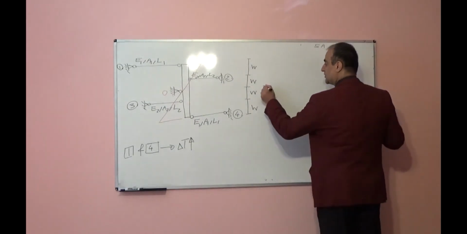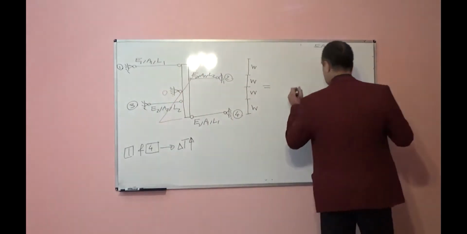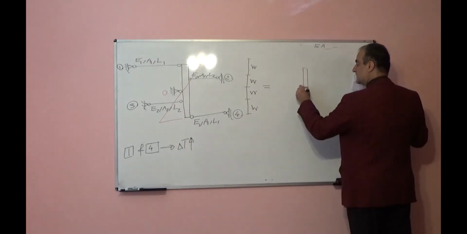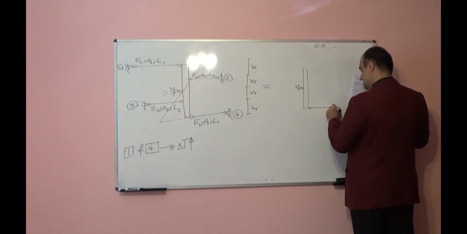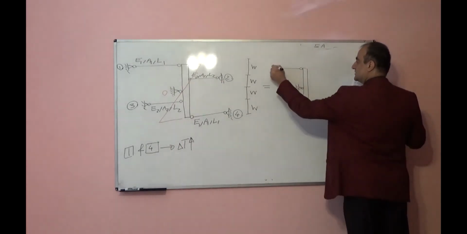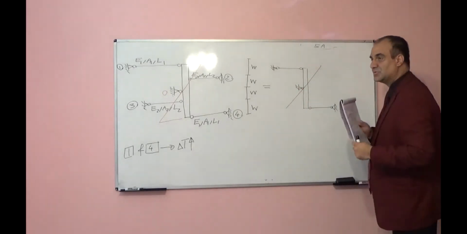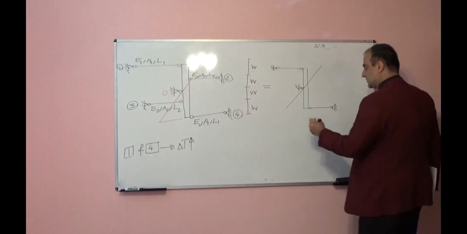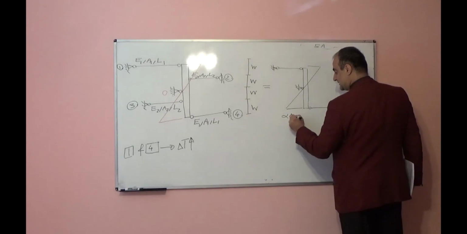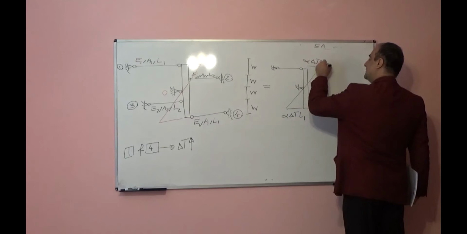If we have only rods 1 and 4 and we increase the temperature, this will rotate, and there is no internal force in any member, and these deltas will be alpha delta T L1, alpha delta T L1.